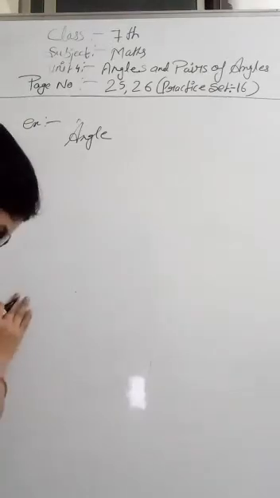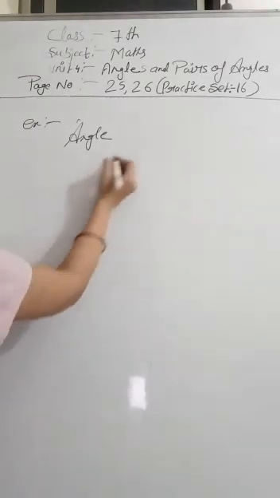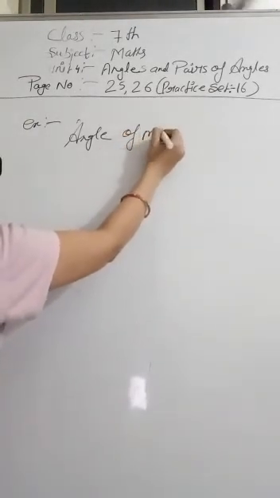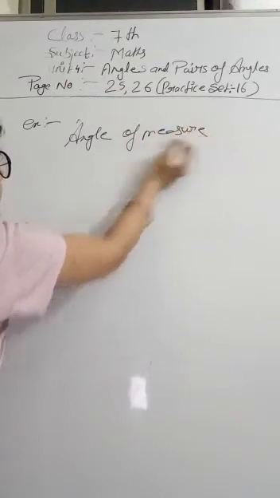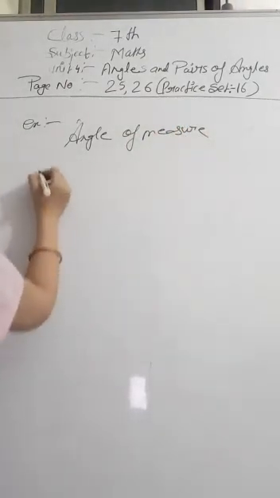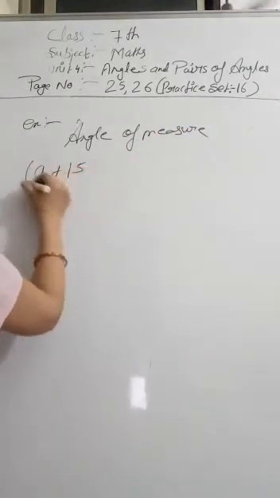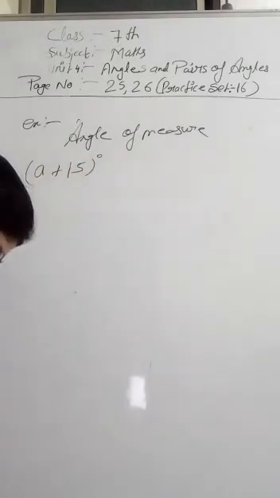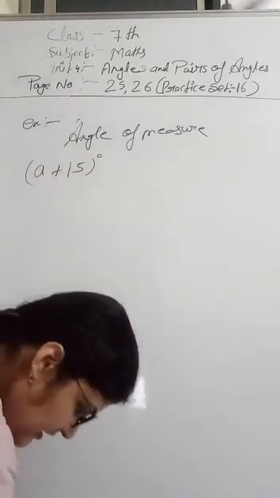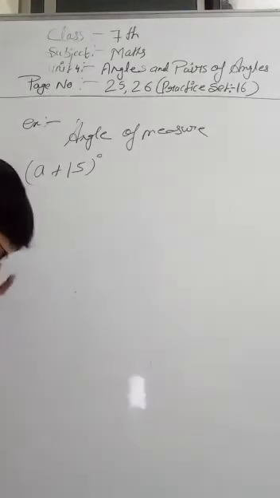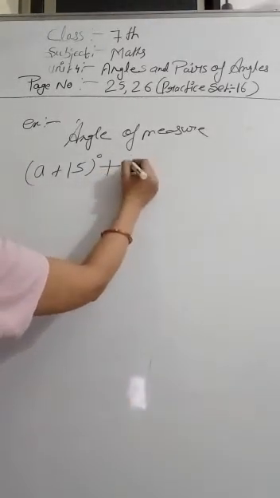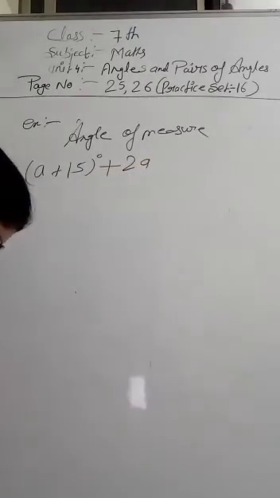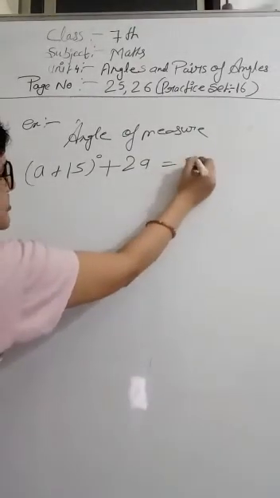The angle of measure A plus 15 degree and 2A. 2A equal to what will it be?